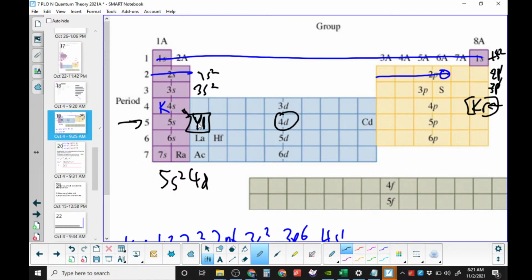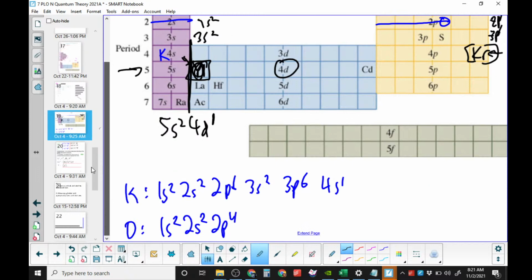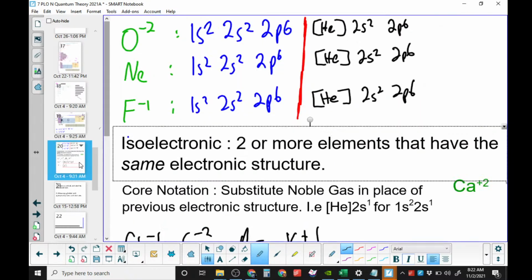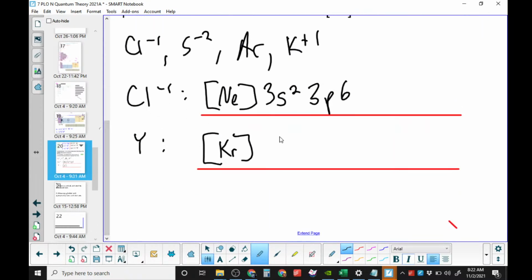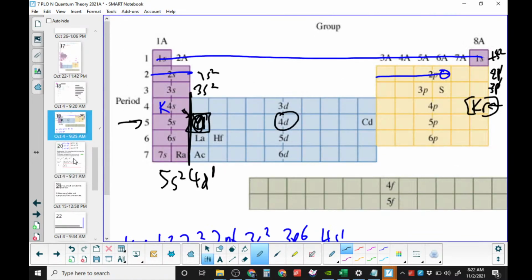How many in is it of the d's? 1. So 5s2, 4d1.